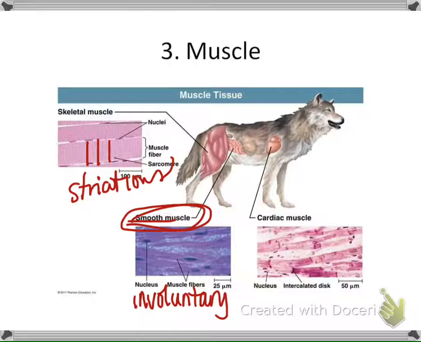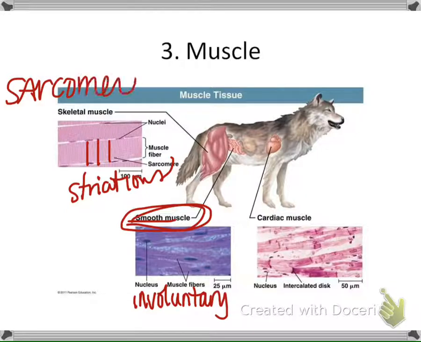Skeletal muscle is responsible for voluntary movements. It's attached to bones by tendons. It consists of bundles of long cells called muscle fibers. Skeletal muscle fibers form from a fusion of cells, and that's what gives you that striated appearance and your multiple nuclei that are controlling these cells. You have things called sarcomeres.